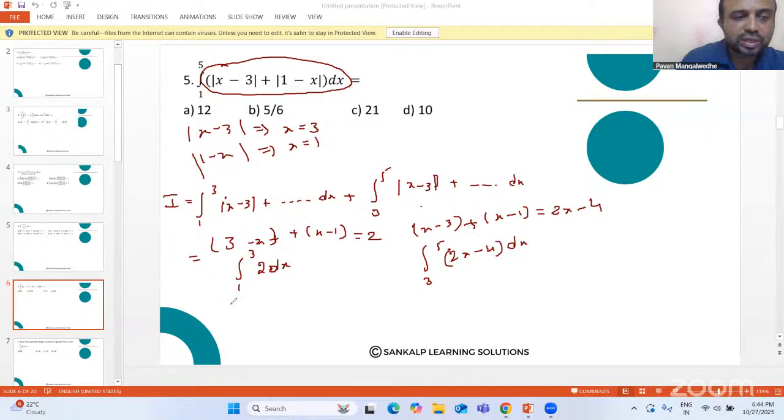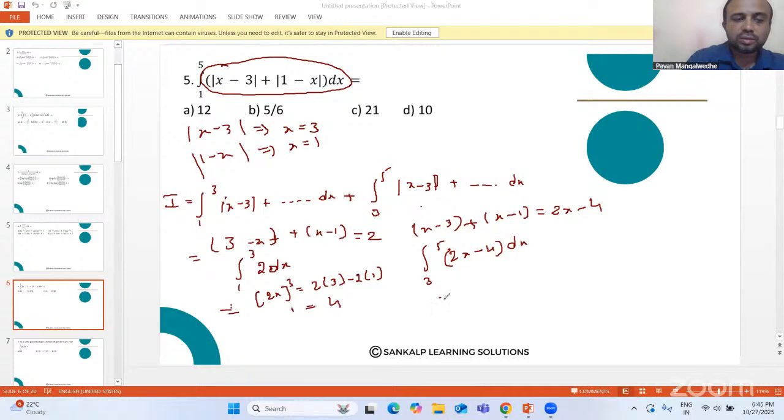Solving the first integral, 2 dx, it is very easy: 2x from 1 to 3, which is 2 into 3 minus 2 into 1, upper limit minus lower limit. That is 6 minus 2, which is 4.